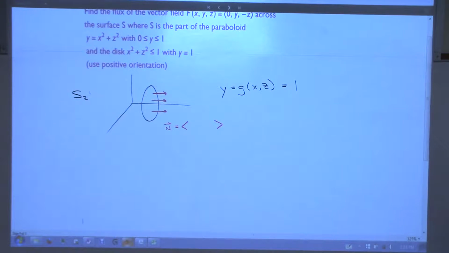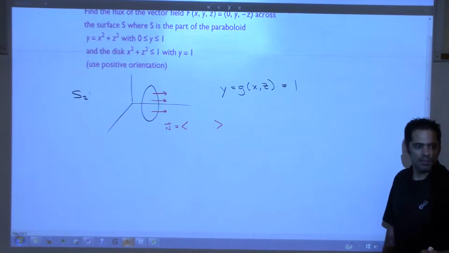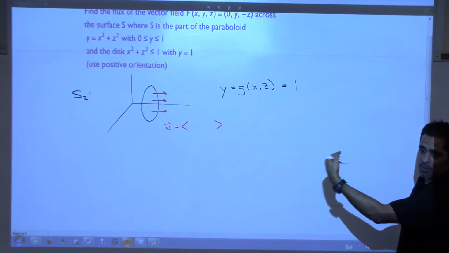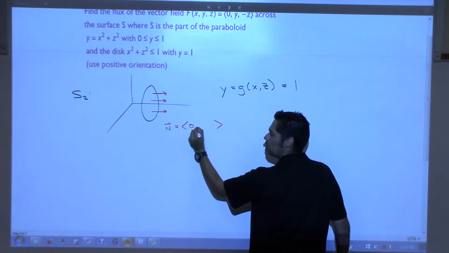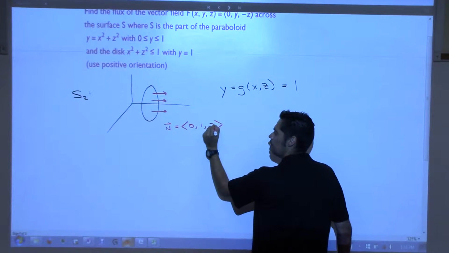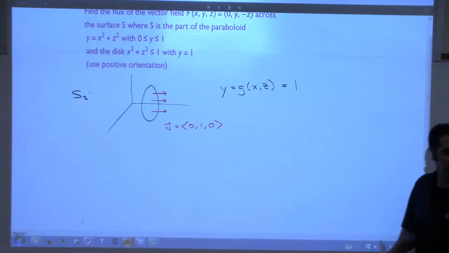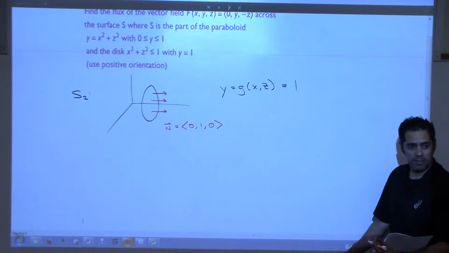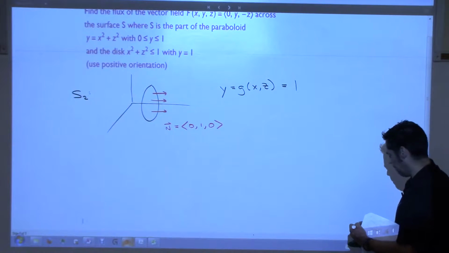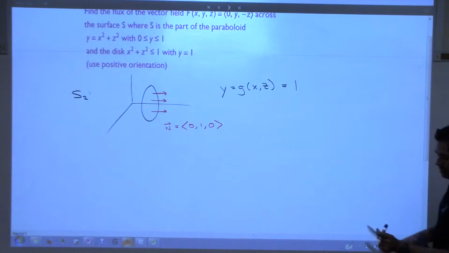A unit normal vector. 1, 0, 1. Close? Those are all pointing out the y direction, right? 0, 1, 0, right? All normal vectors would look like that? Do you agree? Yes? Okay.